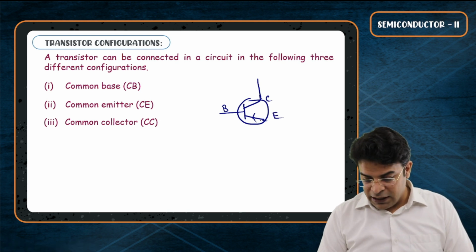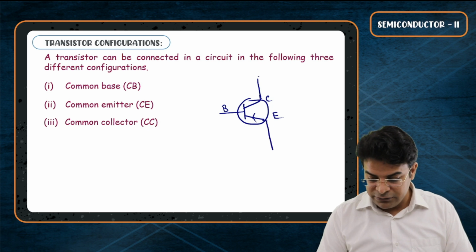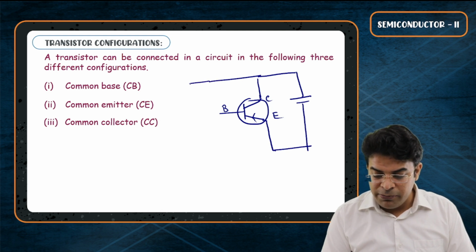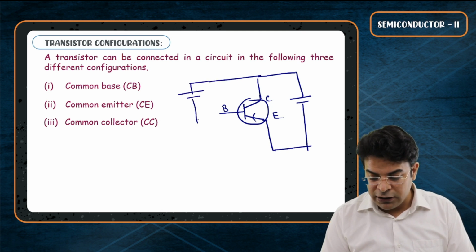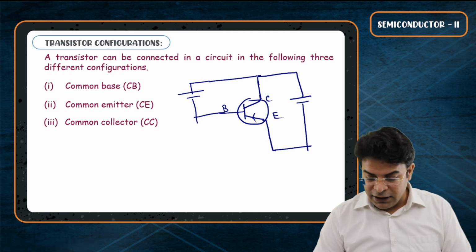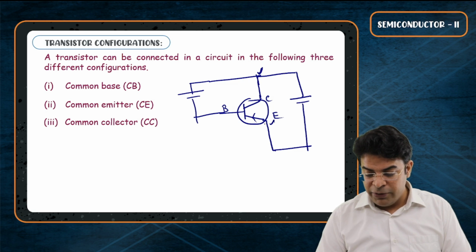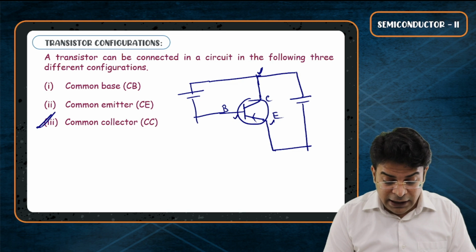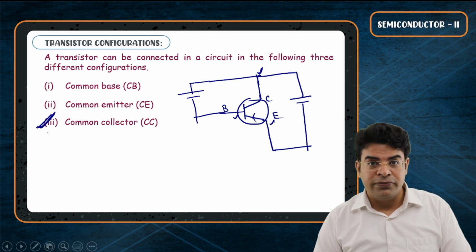Now, in this diagram, they have given you the connections this way. Tell me, is this common base, common emitter, or common collector? So you will say, sir, here the collector is connected to both emitter as well as base. So this is a common collector type of transistor.